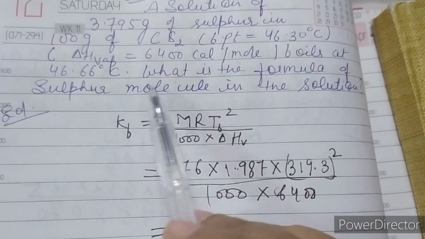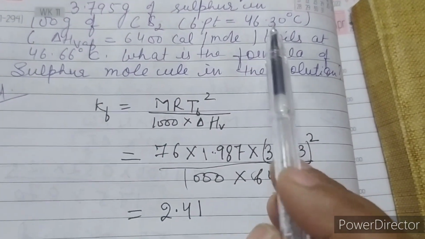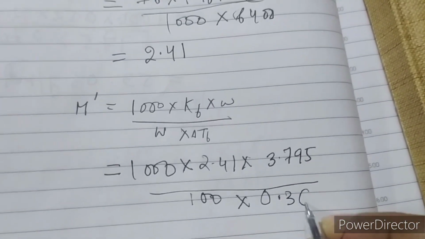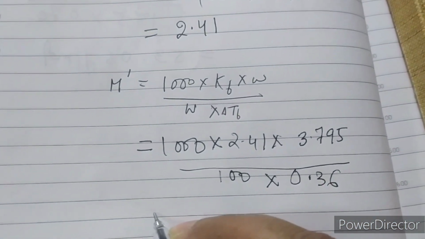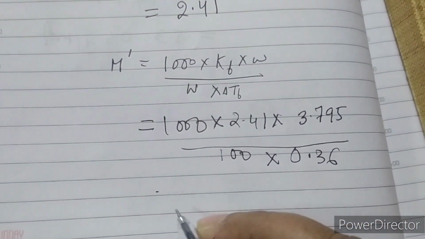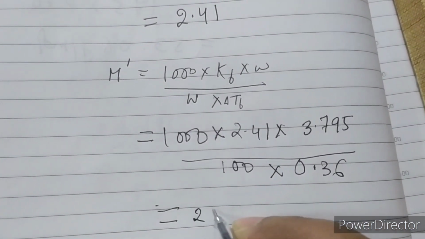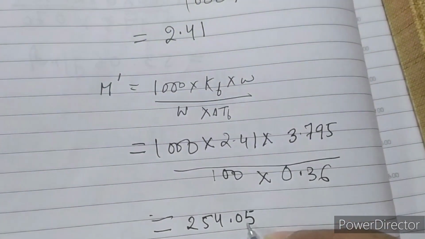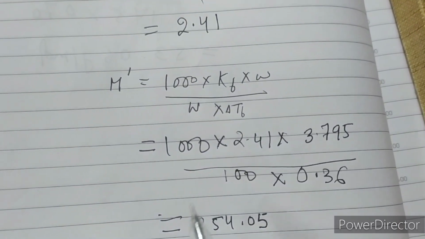For that you have to subtract 46.66 minus 46.30, so that will come out to be 0.36 Kelvin. If you solve, you will get 254.05. So that is the molar mass of the solute.